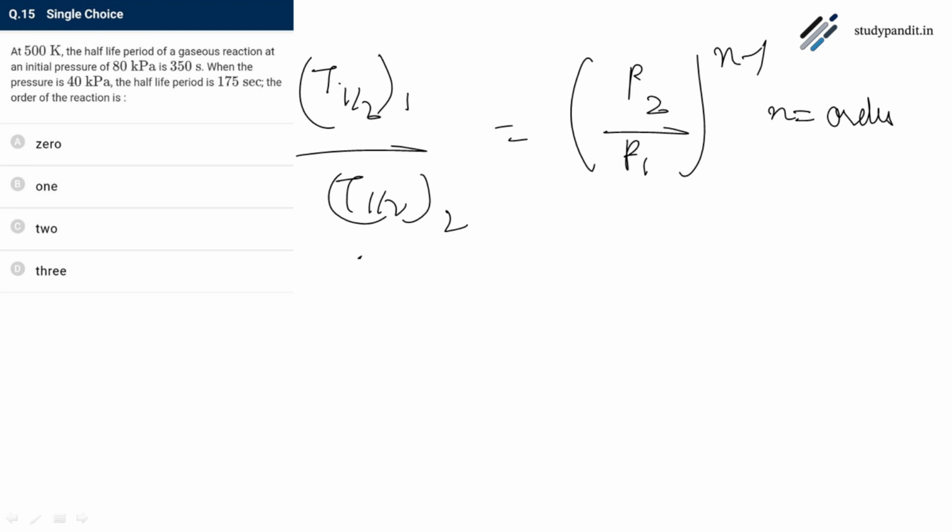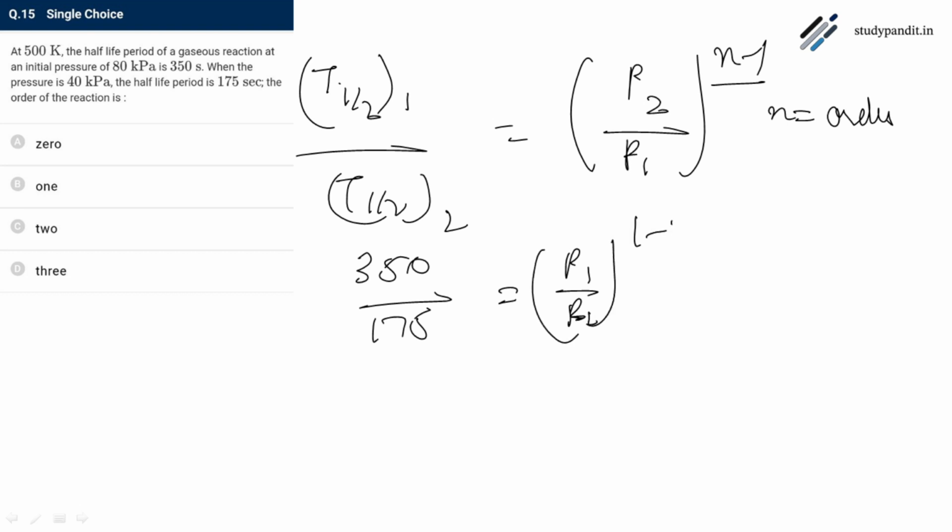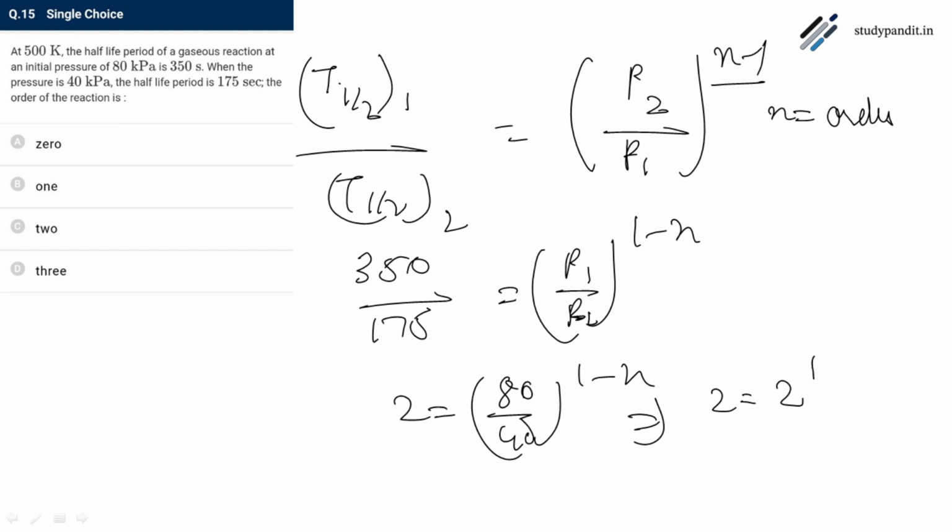So we can write 350 by 175 equals, we can invert P1 and P2, (P1 by P2) raised to power 1 minus n. So 2 equals (80 by 40) raised to power 1 minus n, which gives 2 equals 2 raised to power 1 minus n.